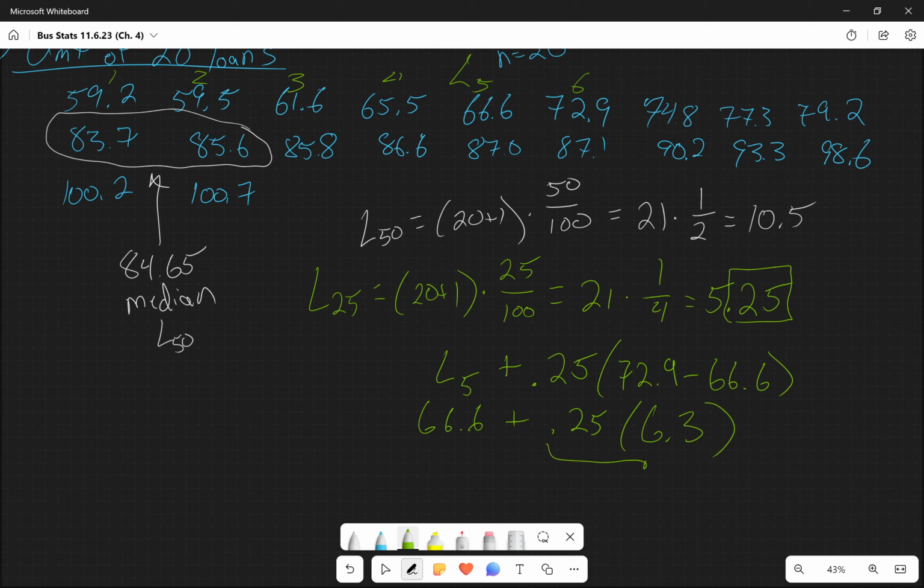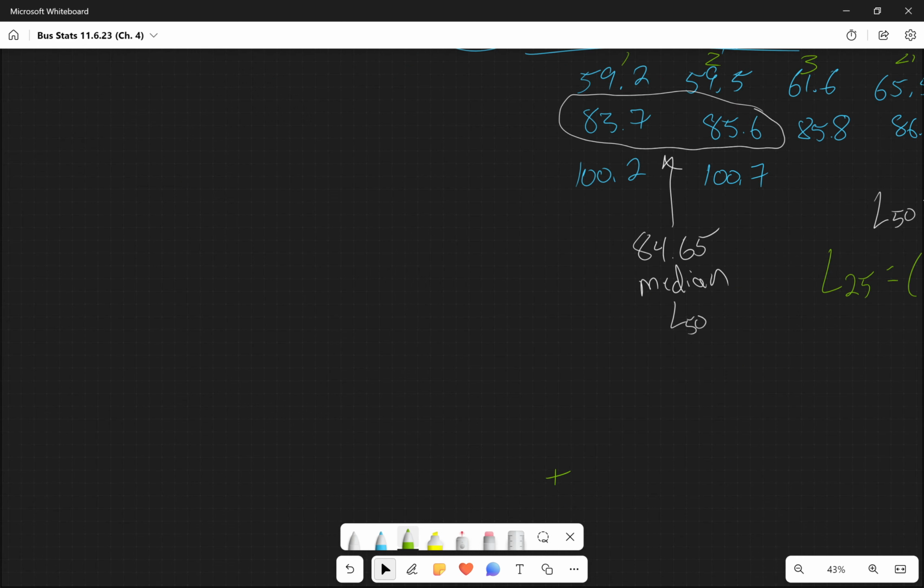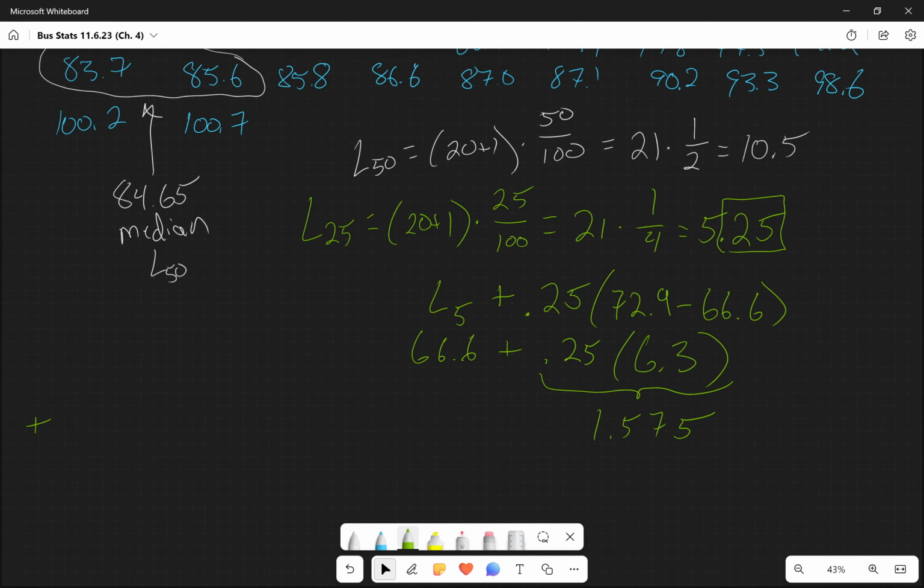This 0.25 times 6.3 is 1.575. 1.575 plus that 66.6, which is the fifth value here, is going to give us 68.175. So again, it is more tricky when we are doing an even number.